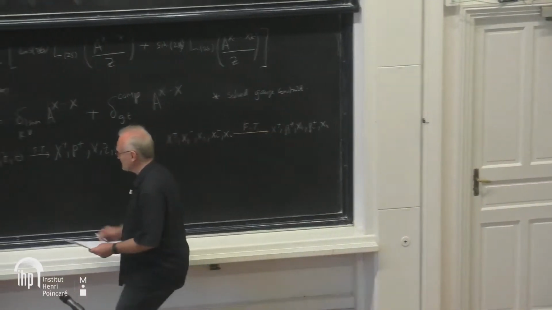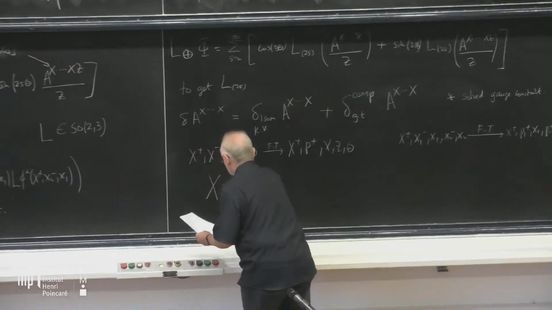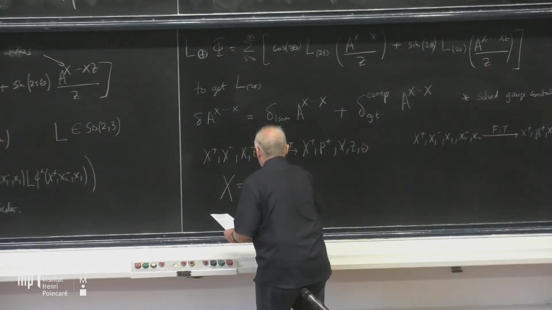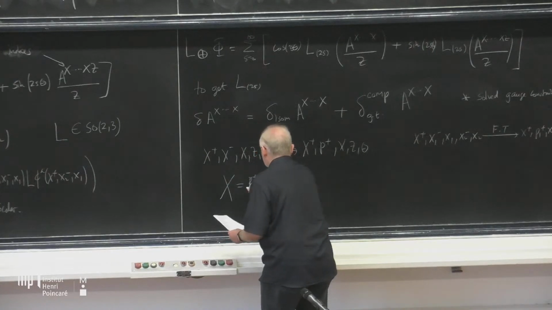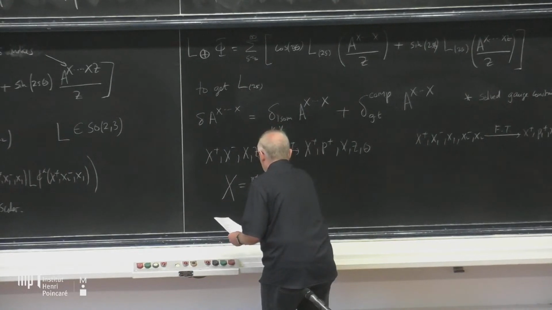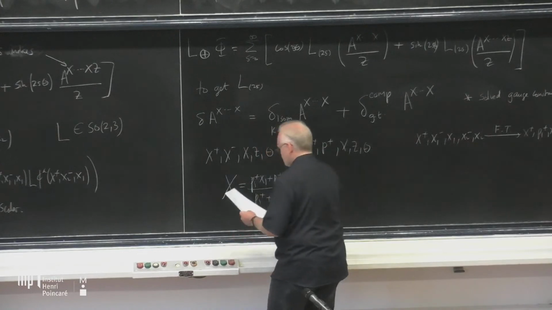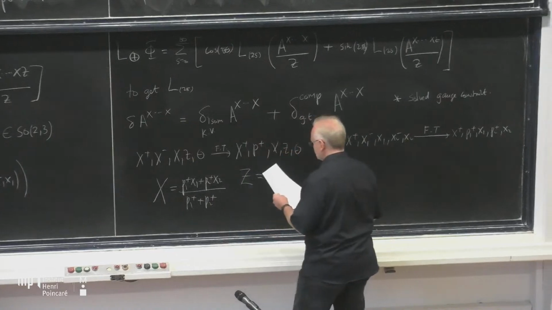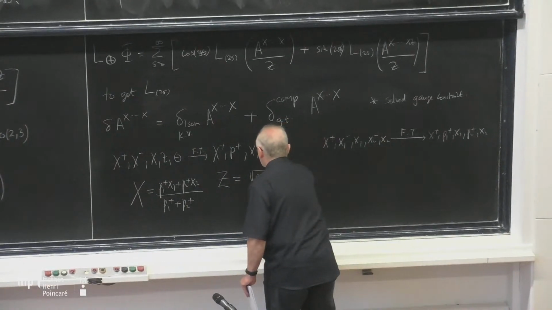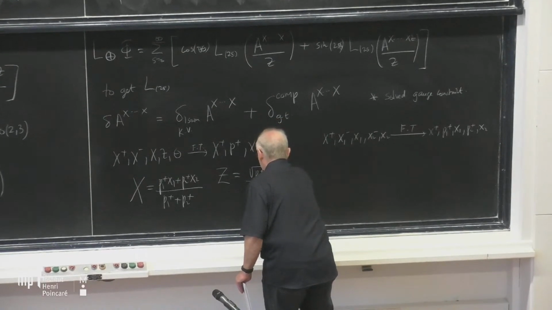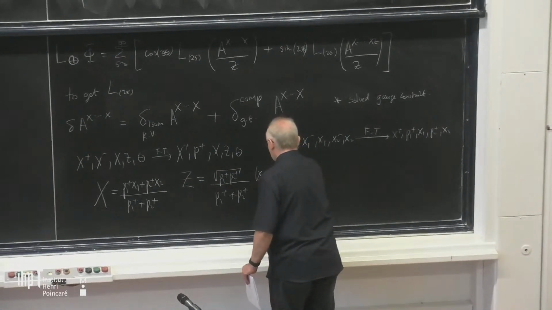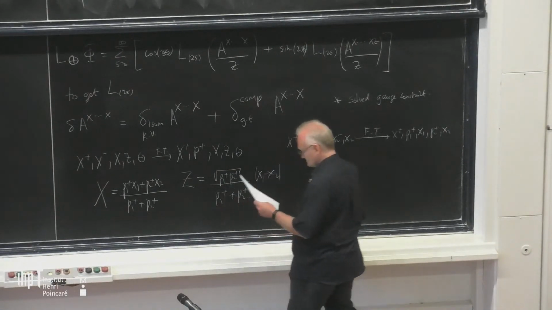So x looks like p1 plus x1 plus p2 plus x2 over p1 plus plus p2 plus. Z is the square root of p1 plus p2 plus over p1 plus plus p2 plus, times x1 minus x2.